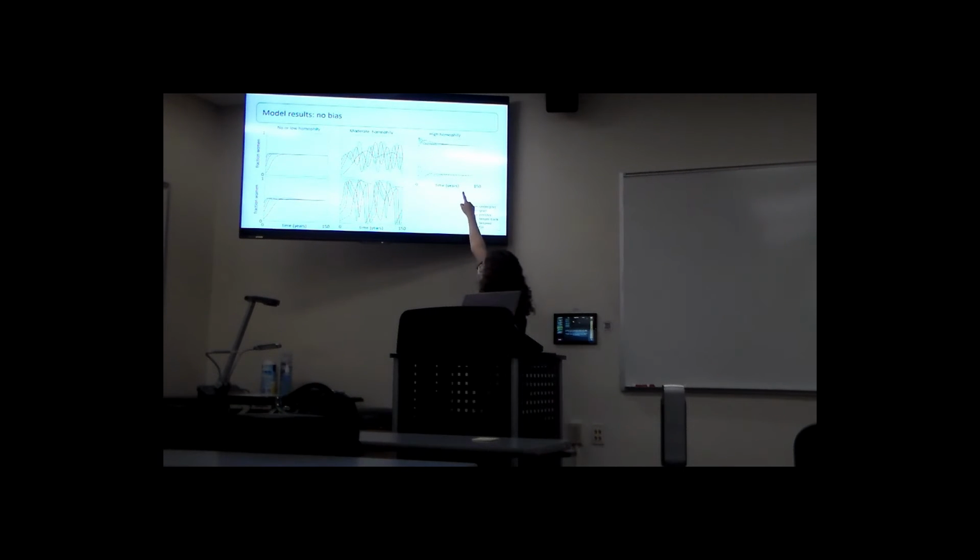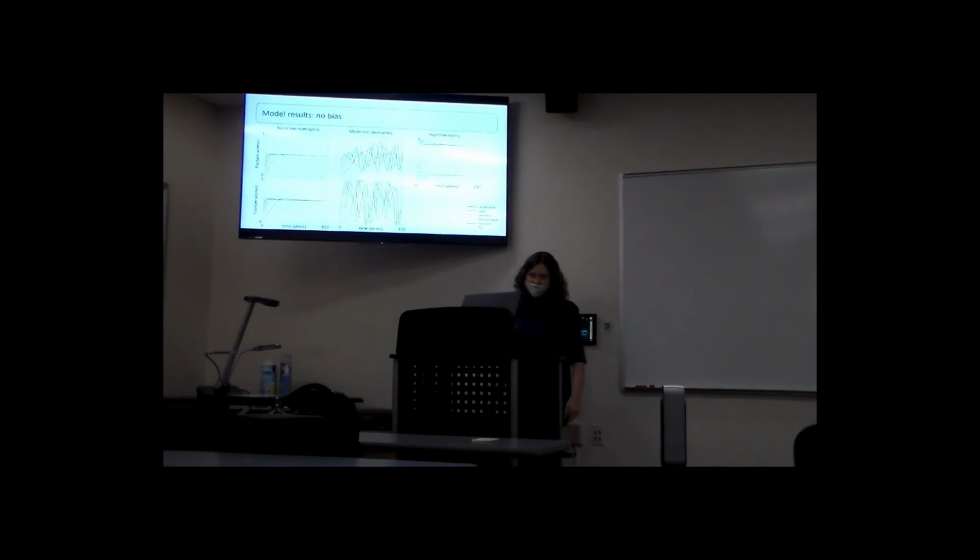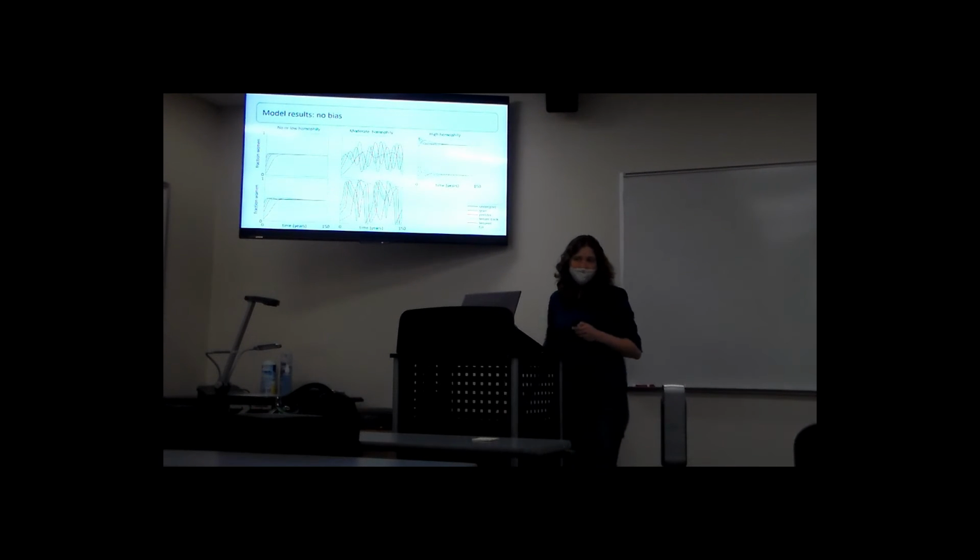On the other hand, if there is high homophily, the state of the system, so the fraction at the different levels, goes to either a very male-dominated state or a very female-dominated state, depending on initial conditions. And in between there, we have spaghetti. So this is oscillations. We call this limit cycles.